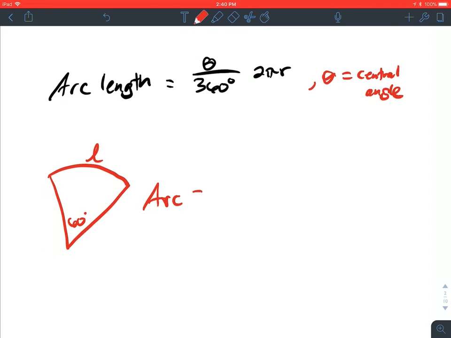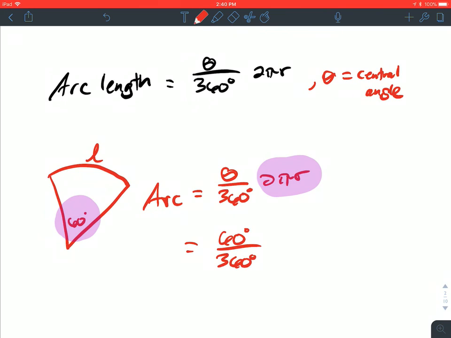Sorry, I'm having writing problems. That's going to be theta over 360 times 2 times pi times r. Essentially, 2 times pi times r gives us the entire circle. What part of the circle are we using? We're using 60 out of 360. So it'll be 60 divided by 360, let's say the radius was 4, times 2 times pi times 4.